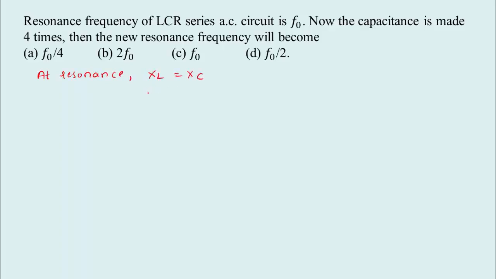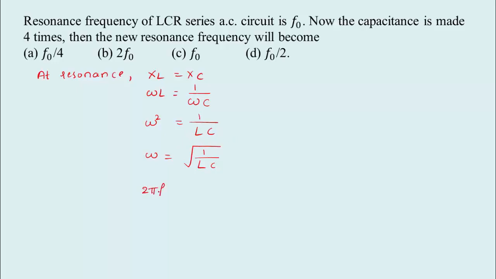XL means omega L, equal to XC, which is 1 by omega C. Cross multiplying, omega into omega will be omega square equal to 1 by LC, or omega equal to root of 1 divided by LC. So this equation we already studied in our regular classes.